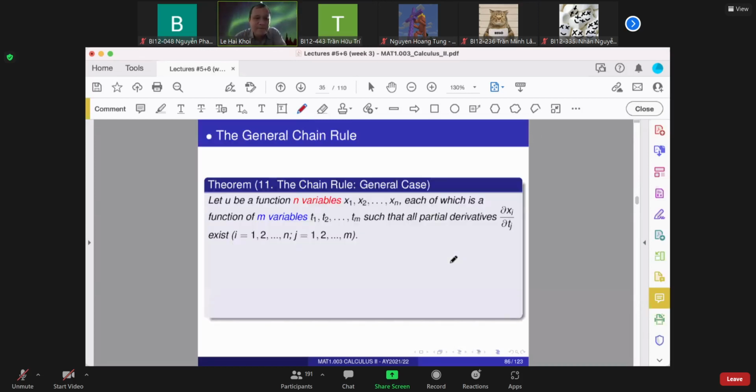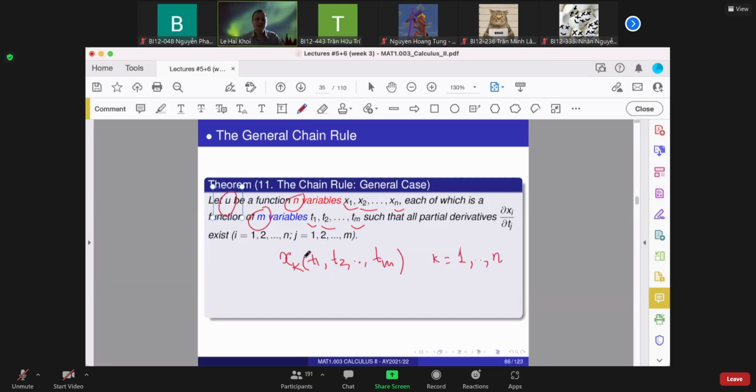So now we don't talk about case 1 or case 2. We talk about the general case. A function u of n variables. So you have n variables, and each variable is a function of m variables t1, t2, tm. x1, x2, xn, which means that xk depends on t1, t2, tm, k running from 1 to n.